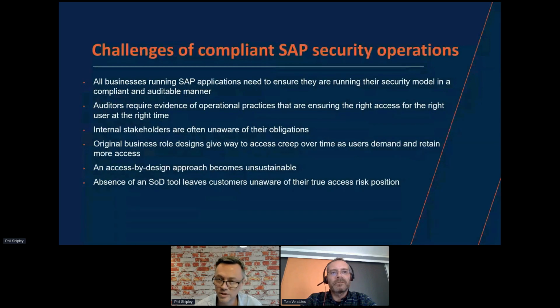And just because a business does not know that they've had a breach, or they're not aware of the potential risk for internal fraud, doesn't mean it's not happening or it's not about to happen, right? So SOD tools certainly play a part in the framework of knowing what your true risk position is.